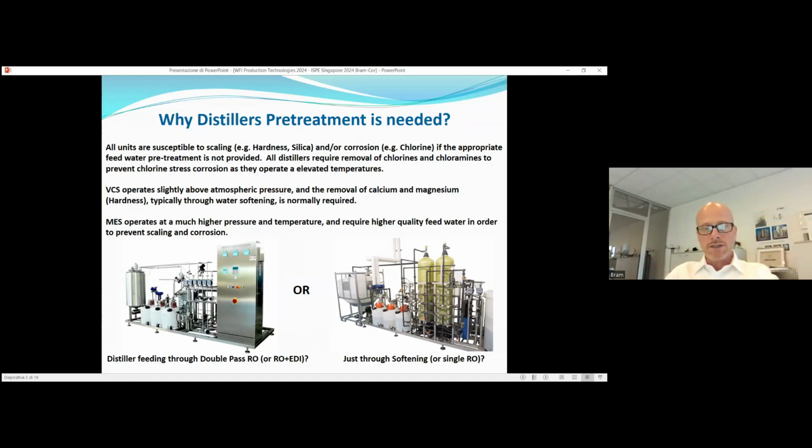The multi-column distiller is a technology that is working with much higher pressure and then much higher temperatures. And so it is more subject to the variation of the feed water. And it is requiring higher quality of feed water to prevent scaling and corrosion.